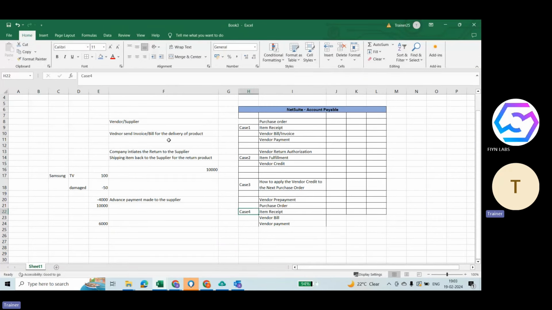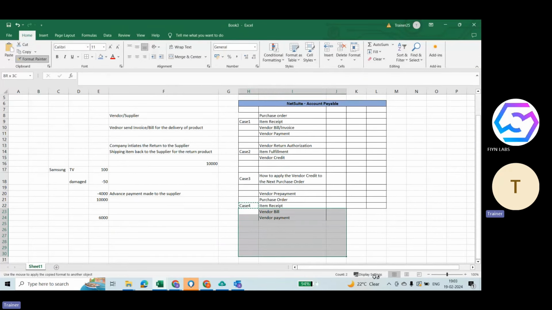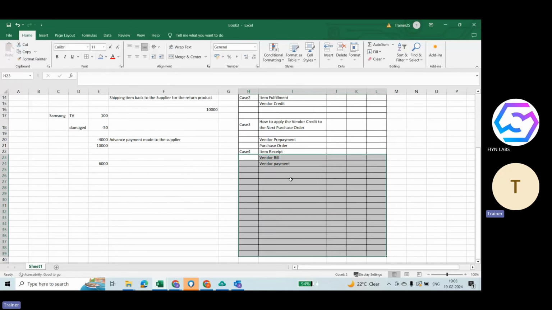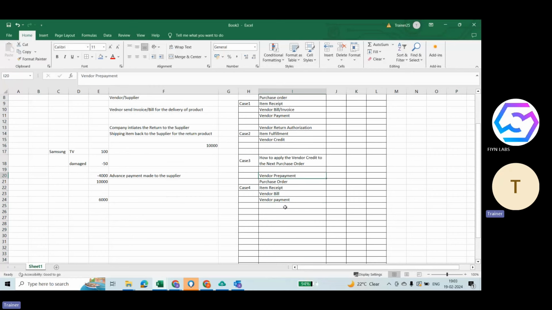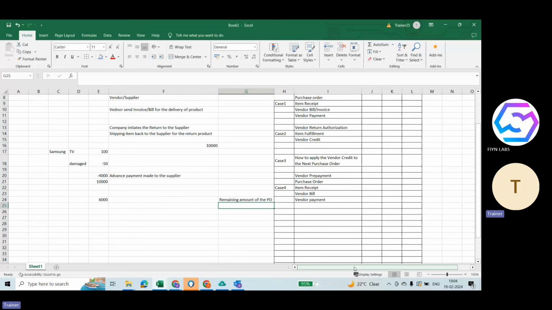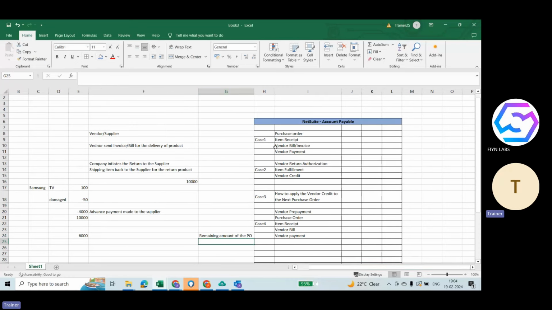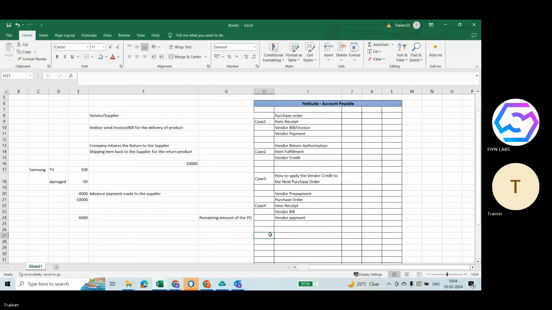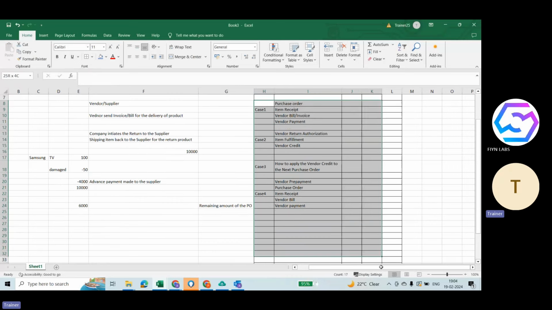So that scenario we are going to cover. You have a vendor prepayment, a purchase order, item receipt, vendor bill, and vendor payment. Here you are going to pay the remaining amount of the PO. That is one of the scenarios we're going to talk about in this accounts payable module of NetSuite. So this is the standard case which we generally cover under accounts payable.